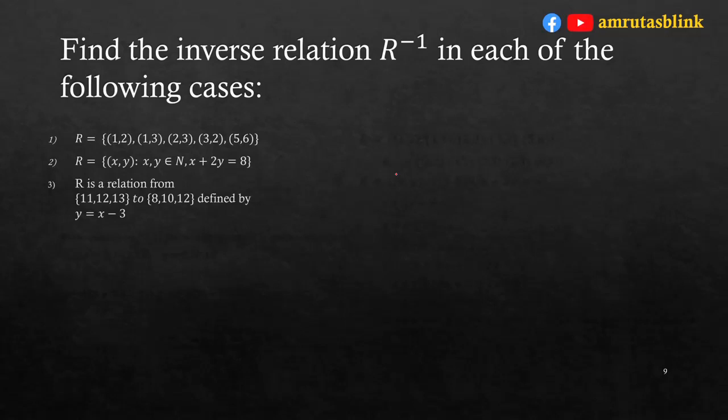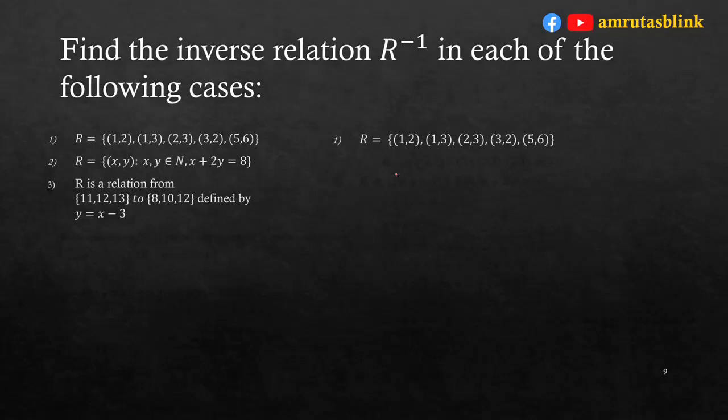R is a relation from {11, 12, 13} to {8, 10, 12} defined by y = x - 3. Now, suppose in any relation, if element A is related to element B, then in R inverse, B is related to A.